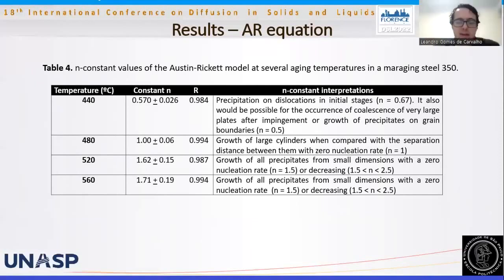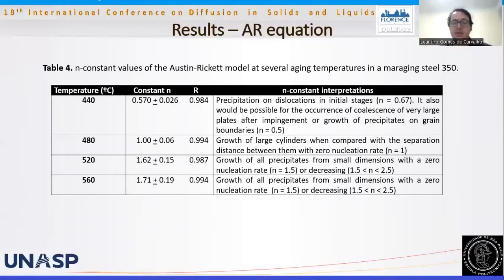For 440, the possible n constant interpretation is the precipitation on dislocations in initial stages. It would also be possible to have the occurrence of coalescence of very large plates after impingement, or growth of precipitates on grain boundaries. For 480 Celsius degrees, the n constant interpretation is the growth of large cylinders when compared with the separation distance between them, with zero nucleation rate.